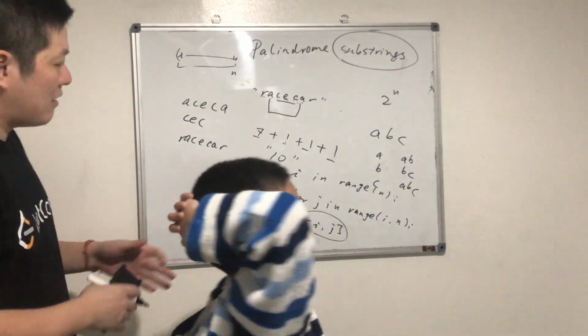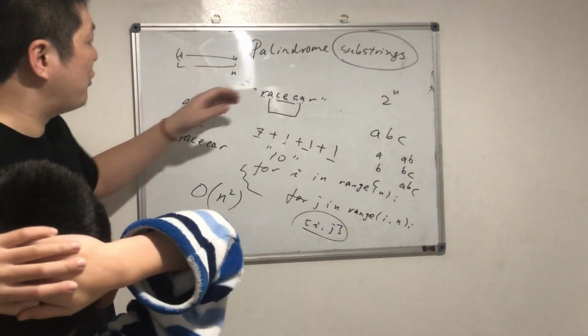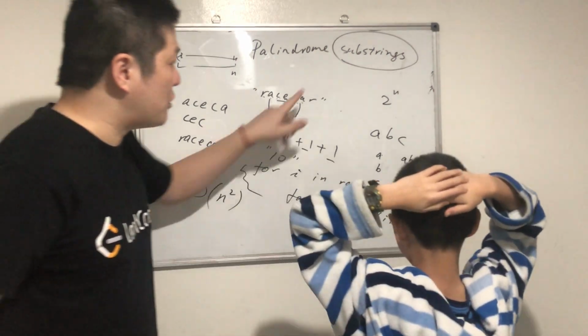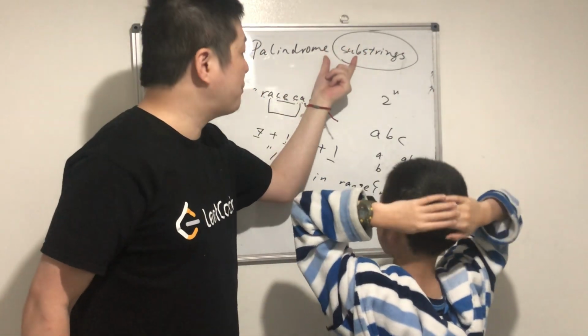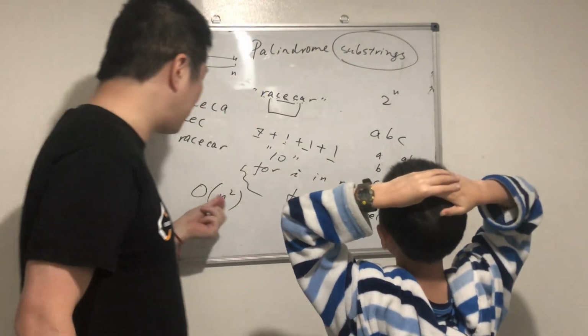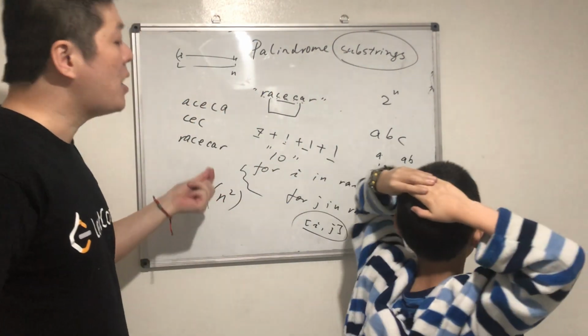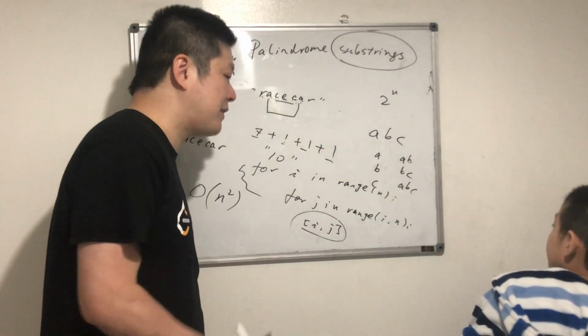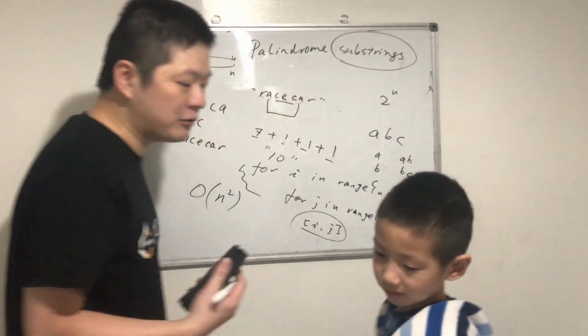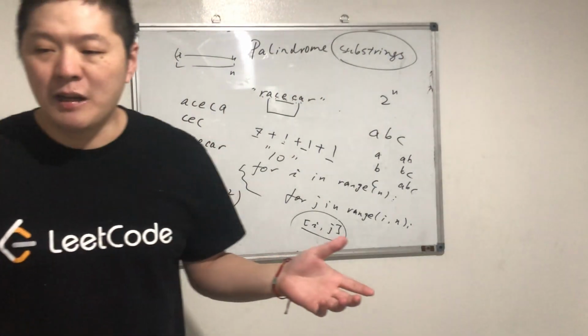So we need O(n squared) to brute force all the substrings. And given a substring, what's the time complexity to verify whether it is a palindrome or not?